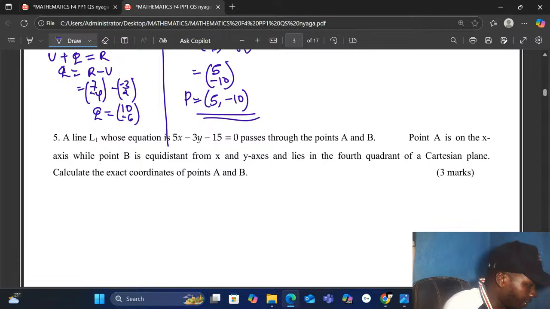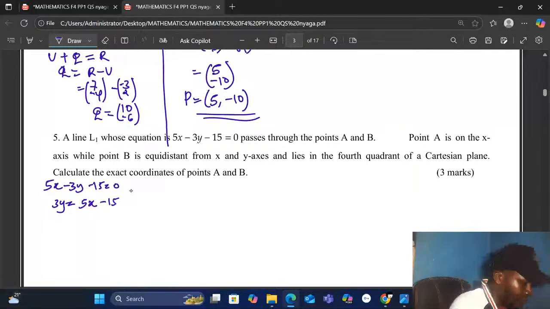The exact coordinates. So the equation that we are given here, 5x minus 3y minus 15 is equal to 0. So we find the value of y. We can say that 3y is equal to 5x minus 15.